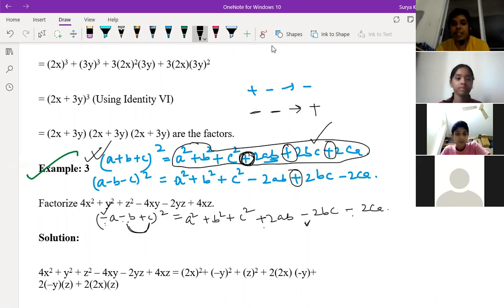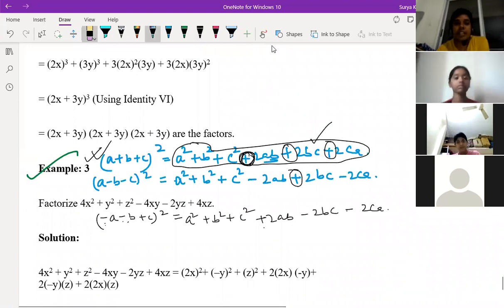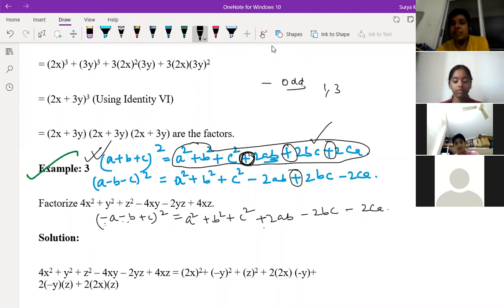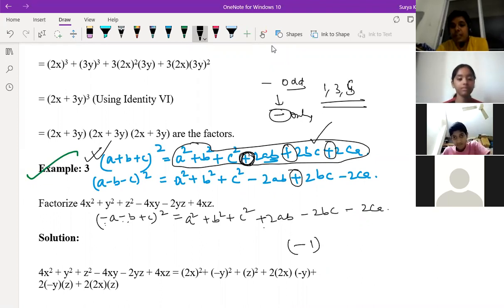Remember that if minus comes only an odd number of times, your answer is minus only. Odd, like 1 minus or 3 minus or 5 minus, so the answer will be negative only. Understood, children? Suppose I write minus 1 to the power 59.